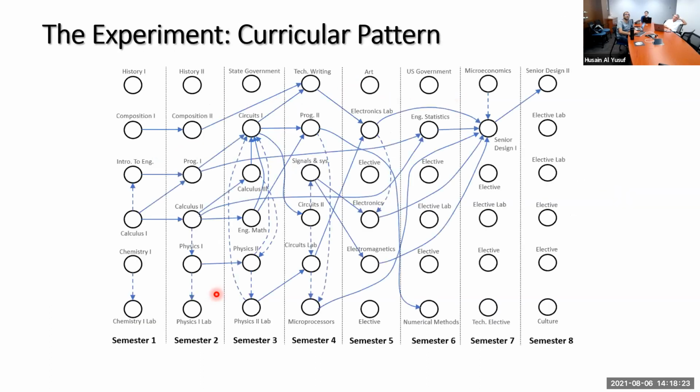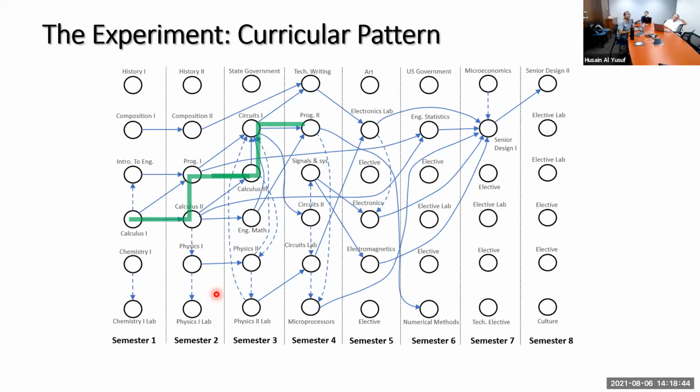So our proposal was, because most students, if they enter a program, flow with the same pattern of courses, we take the most important courses in these classes.